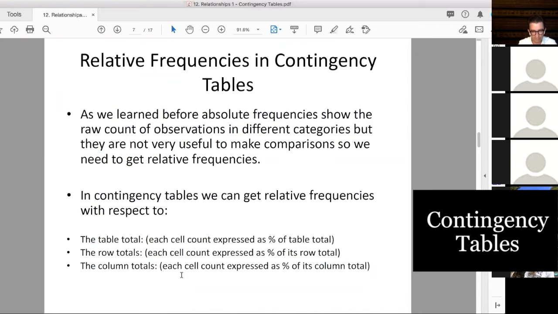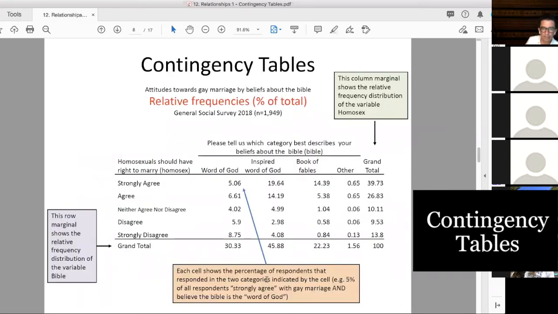That's as a percent of the table total. We can express the frequencies as percent of the total in a row, or we can express the totals as percent of everybody in a certain column.